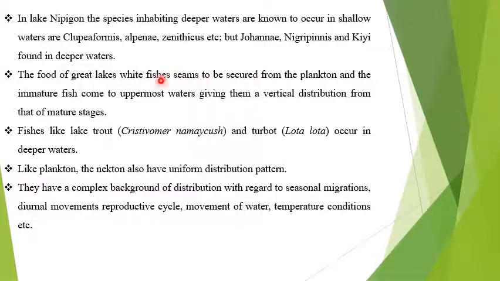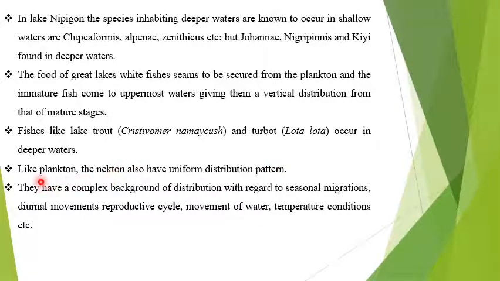So there is a clear-cut distribution of the food and the planktonic strata. Fishes like trout and turbot occur in the deeper water. So these are the nekton found in the deeper lake. And like plankton, nekton also have a non-uniform distribution.